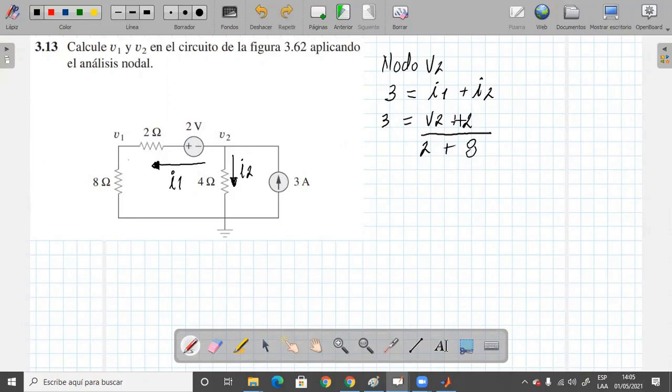All this adds up with the current I2, but the current I2 is V2 over 4. So, if I write it out, I will have 3 amperes.